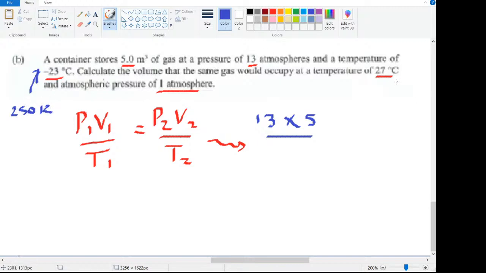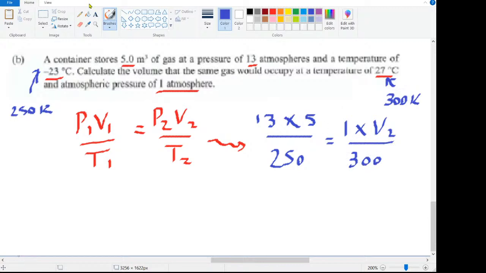And this is 300K, 273 plus 27. So 250, and this is equal to P2, which is a nice number, 1, over V2, over T2 which is 300.